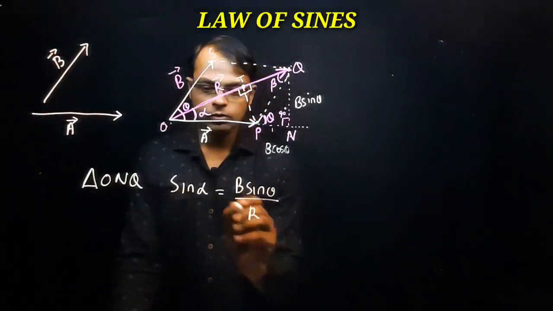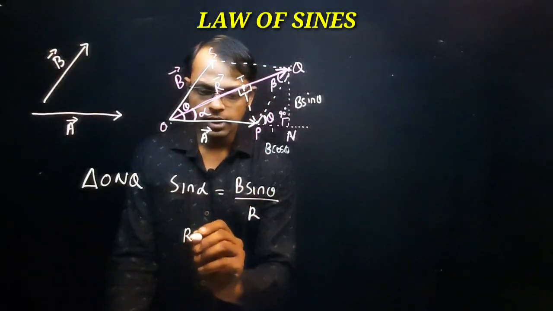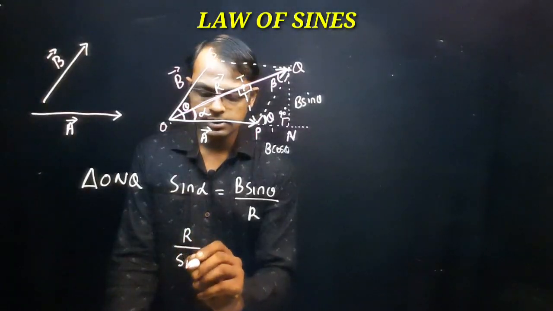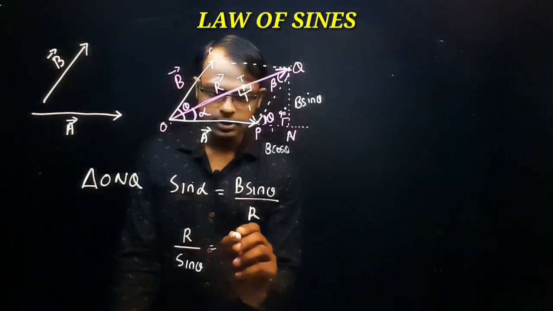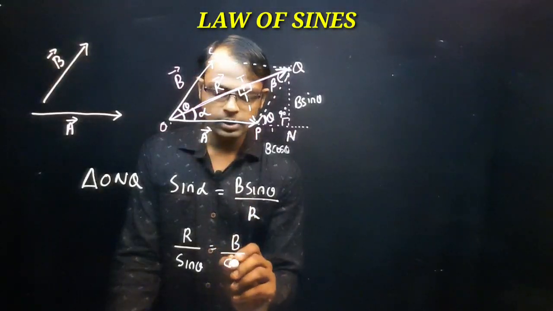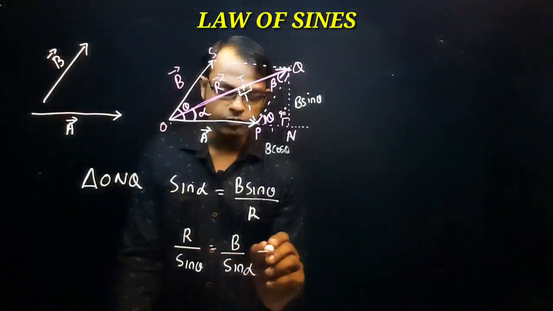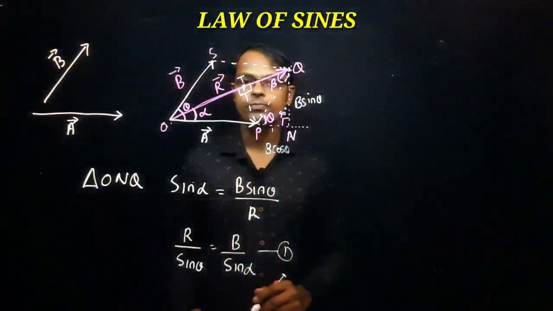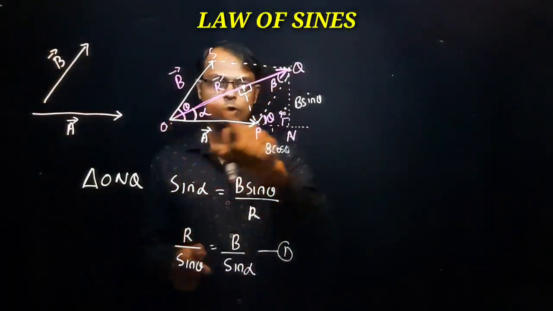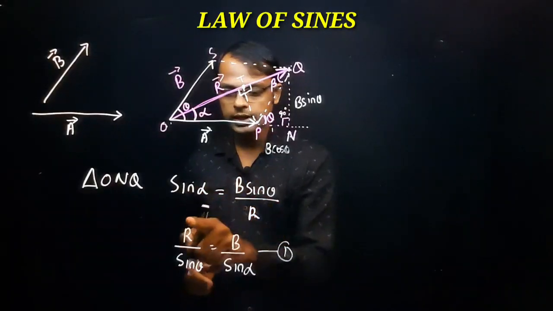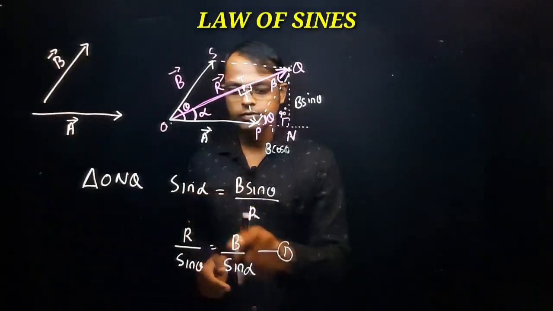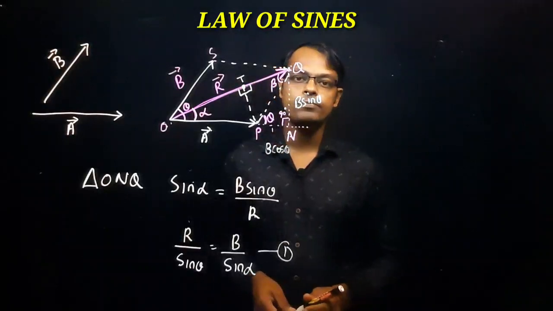So we can write one equation from here. R divided by sine theta is equal to B divided by sine alpha. Say it as equation number 1. Clear? From the triangle OQN, we can make a conclusion that R divided by sine theta is equal to B divided by sine alpha.